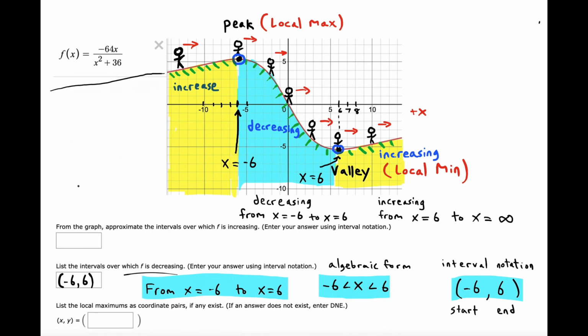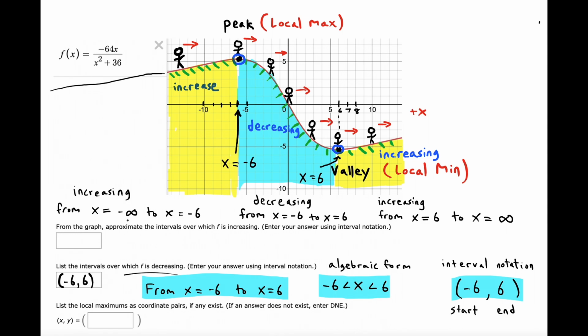Well, all the way to the left is when he started that. So I'm going to say that he's also increasing in elevation from the very farthest left that you can go, from an x of -infinity to an x of -6.